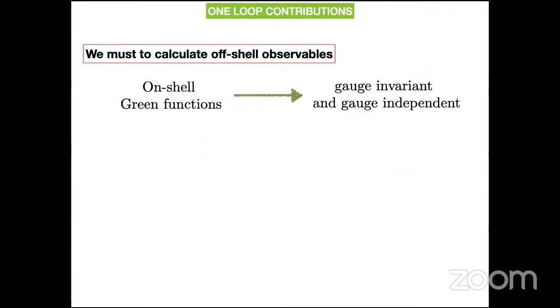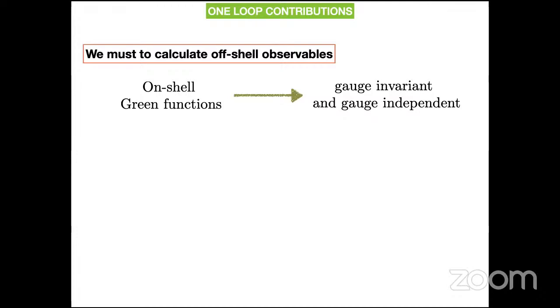Okay, so we know we have to calculate off-shell observables, but the calculation cannot be very clear. For the case when we have on-shell external particles, the on-shell Green functions, we know that they are gauge invariant and gauge independent.